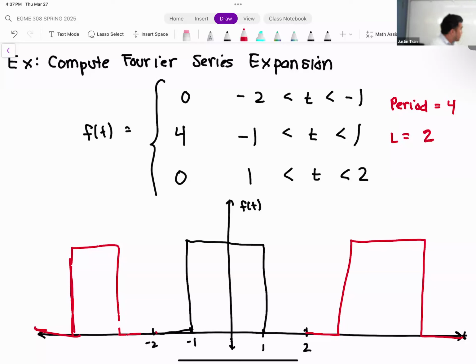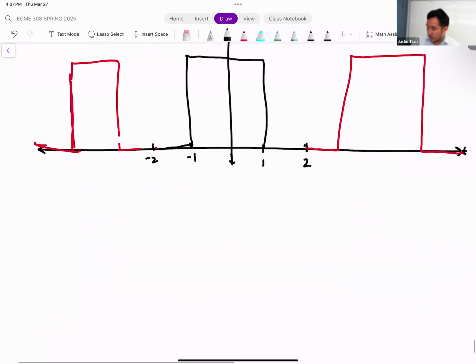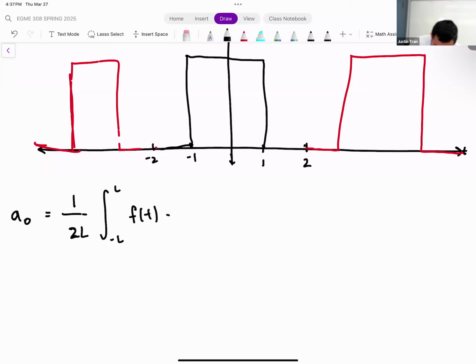All right, any questions on the setup for the problem? Okay, so let's go ahead and do our integrals here. Let's start with A0. Our formula for A0 is 1 over 2L, integral from -L to L of f of t dt.